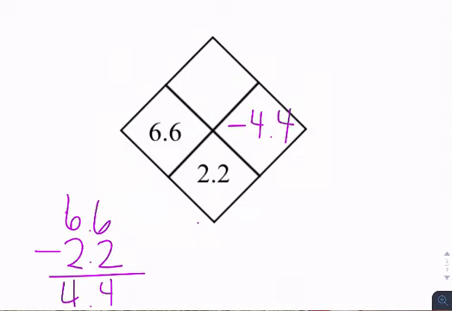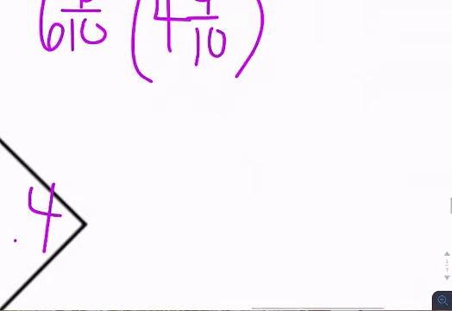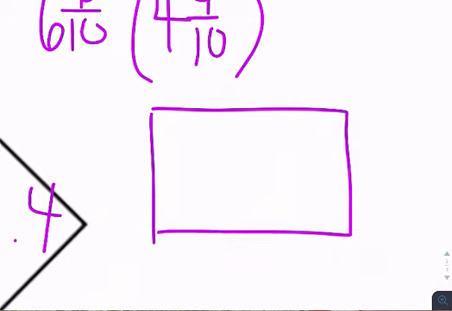And then I'm going to do 6.6 times negative 4.4. A positive times a negative is a negative. And we can turn this into decimals here. So 6 and 6/10 times 4 4/10. And we can use a generic rectangle to solve this one.